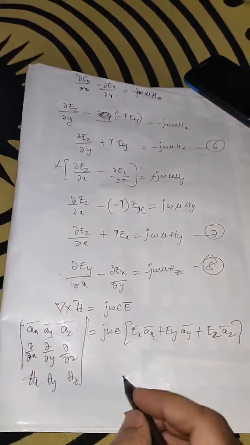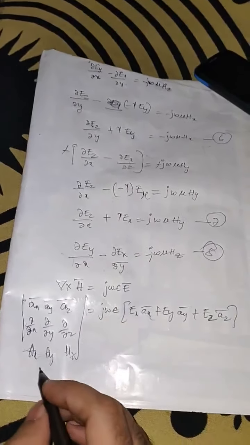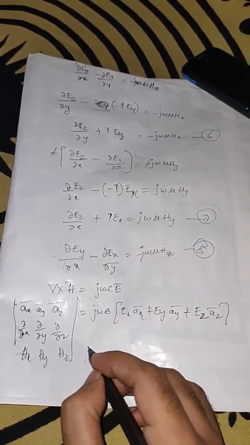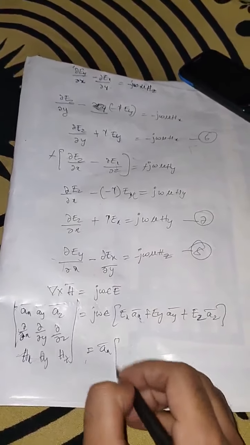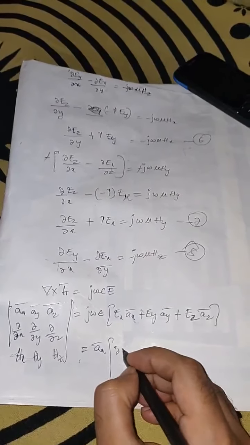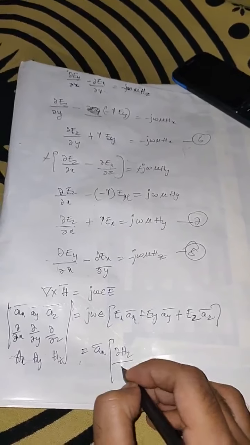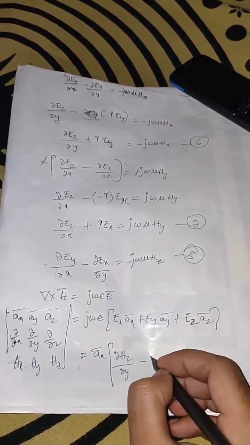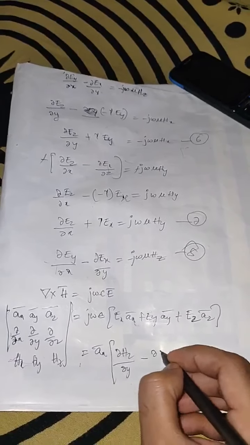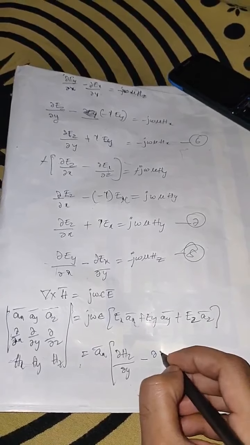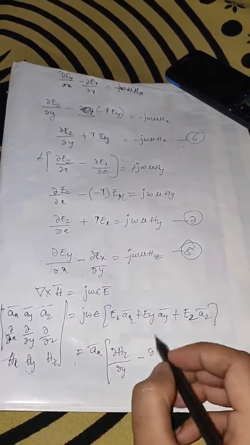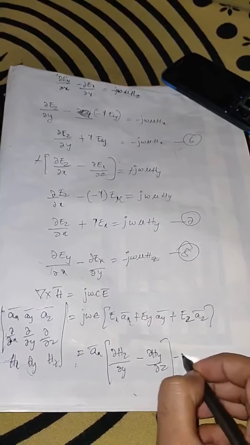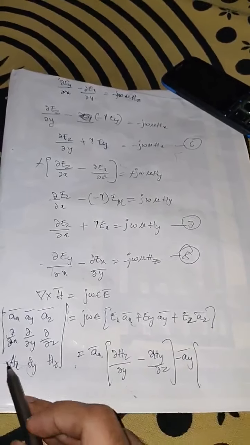Now write this by splitting it. So ax, if you take ax, ∂Hz/∂y minus ∂Hy/∂z, minus ay, if you take ay.